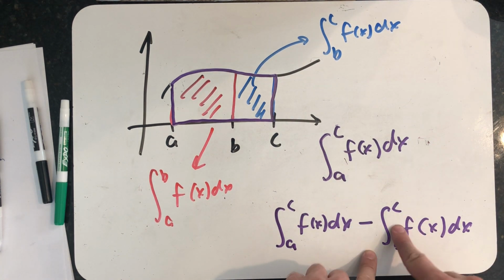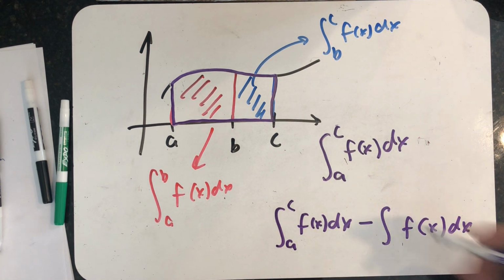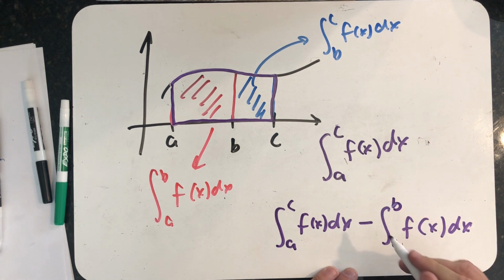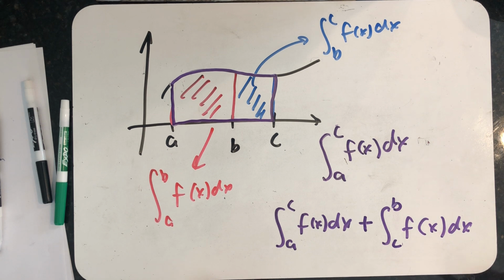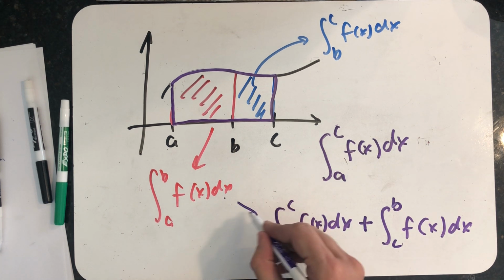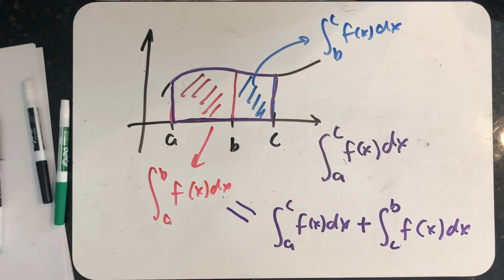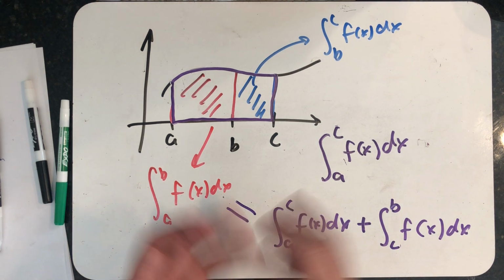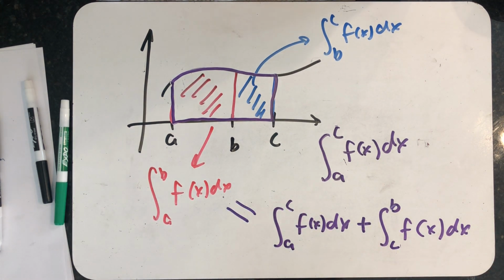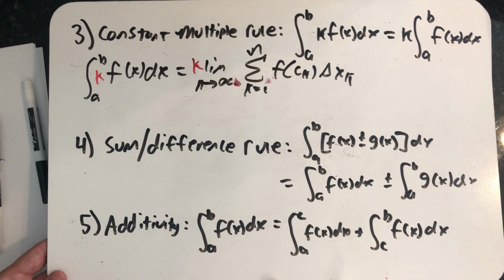Instead of from b to c, I would go from c to b, and instead of subtracting, I'd have to add. Well, that would be the integral from a to b of f of x dx. So additivity works for any three numbers and doesn't depend on the order.